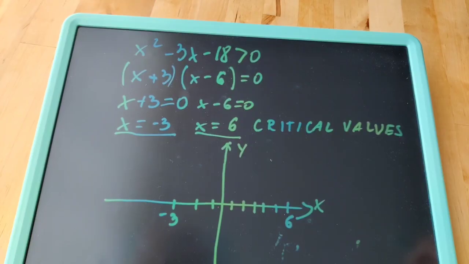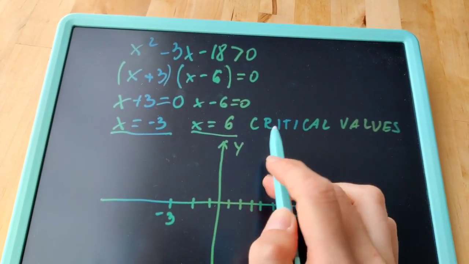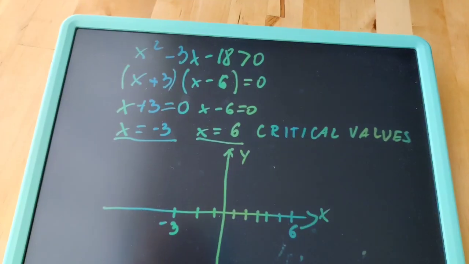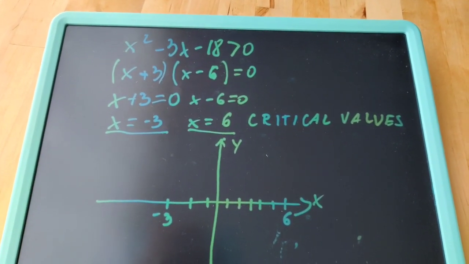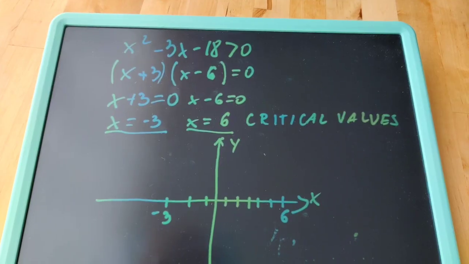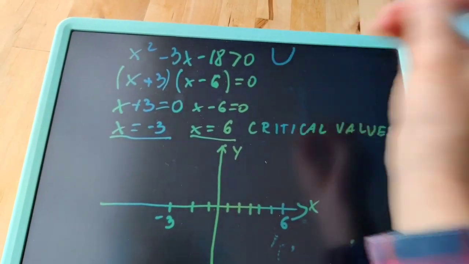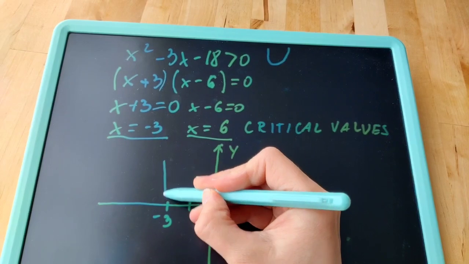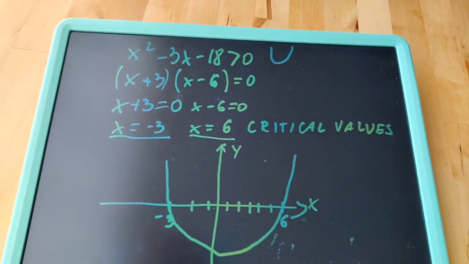We're going to draw our parabola. These are the values where our parabola crosses the x-axis. We have positive x squared, so this is a smiley face. So this is how our parabola is going to look.